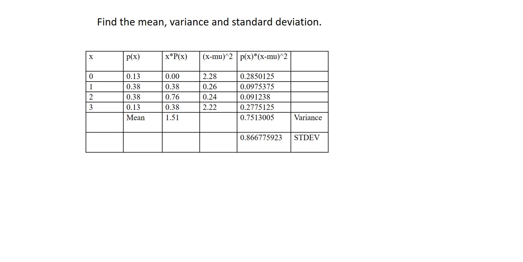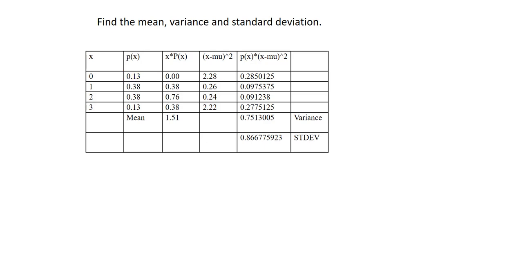Next, we can answer the question, find the mean, variance, and standard deviation. To be able to do this, we will be using the formulas. Let's look at the formula for the mean. If we look at this column right here, we can take the product of x and the corresponding values of p of x.